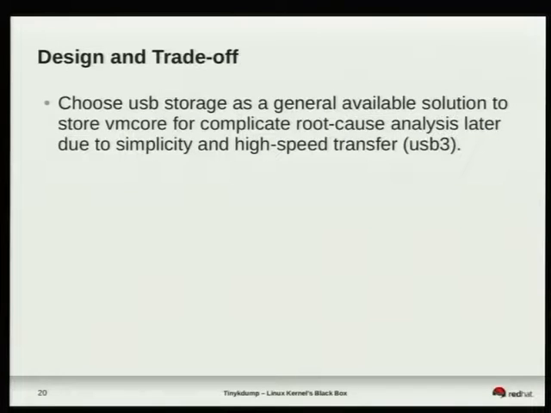So USB device was chosen as a general solution on both servers and desktops. Every machine should have one, and especially USB 3 increases the speed, so it makes the capture much quicker.